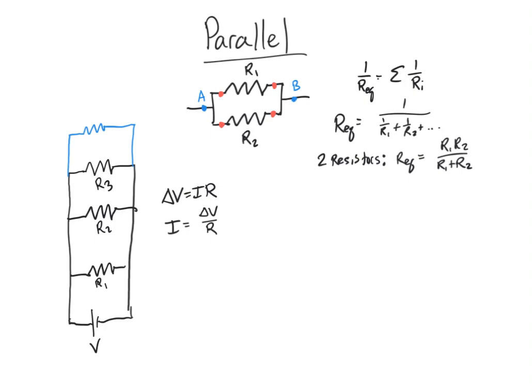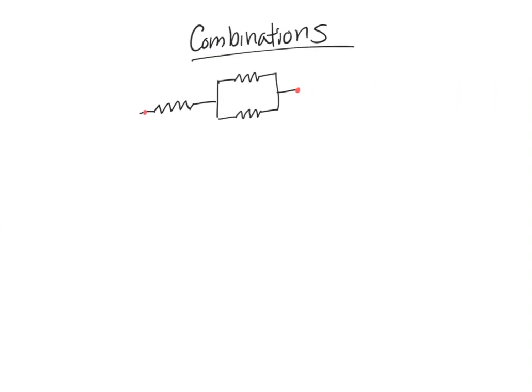So now let's talk about combination circuits. Combinations are when we have resistors connected through both series and parallel combinations. So in this case, we can see that things are a little bit more complicated. Let me label these. So if this is R1, R2, and R3, it should be clear that R2 and R3 are in parallel with each other, right?